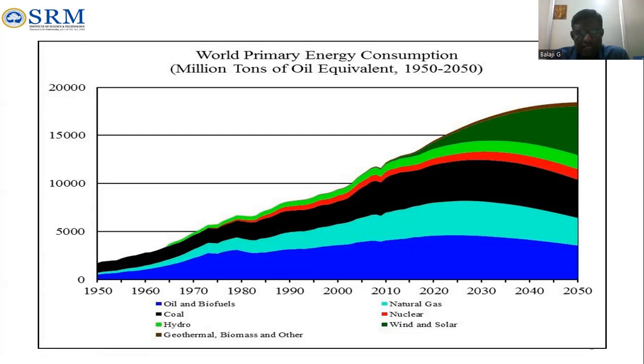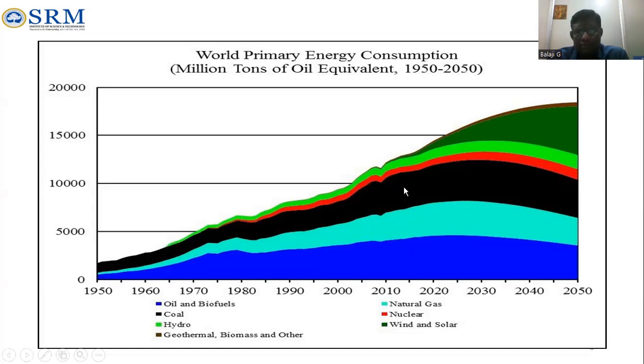Take the natural gas, the second. Over the period, the usage is increasing. After 2025, it may decline in the future. Take the coal consumption, third.